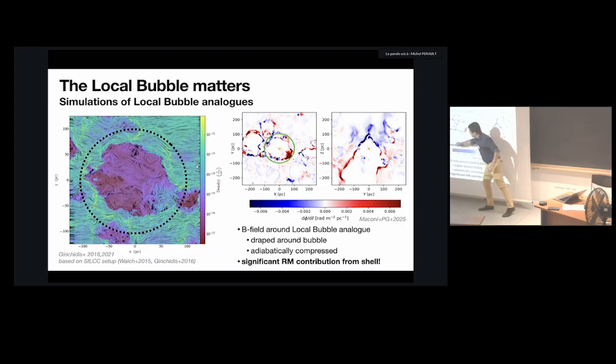This ring is the same ring here, so this is a larger box, and you can nicely see the edge of the bubble, where we start going into denser material and stronger compressed magnetic field, correspond to strong changes in your rotation measure signal. That's in the XY plane, that's in the YZ plane, so you see our bubble is closed up here, is open here, and you see the strong contributions from the edge of the bubble.